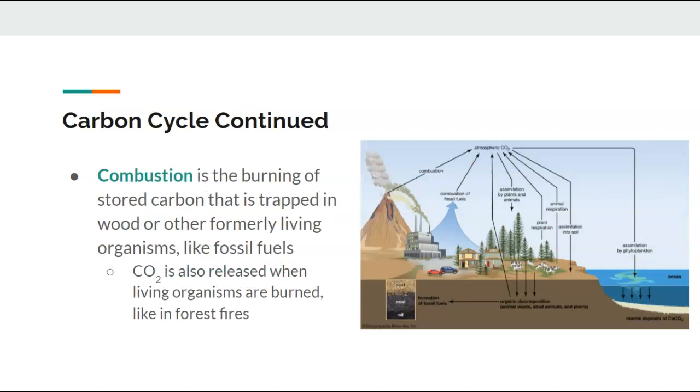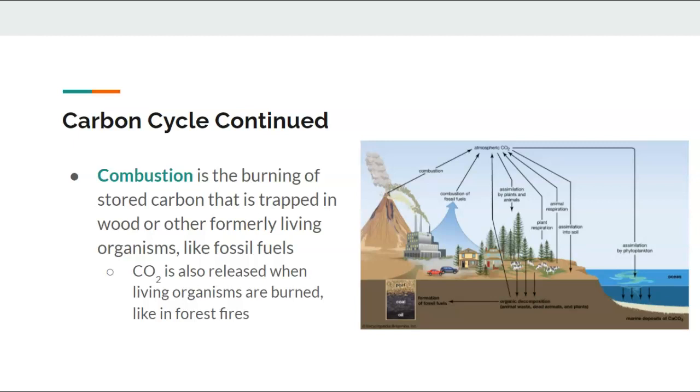And then last for the carbon cycle is combustion, which is the burning of stored carbon that's trapped in wood or other formerly living organisms, like fossil fuels, right? We burn fossil fuels all the time.